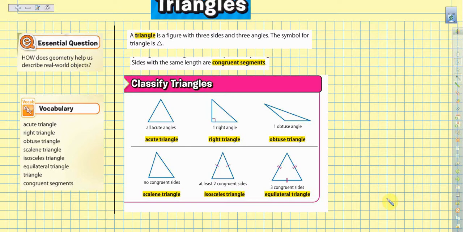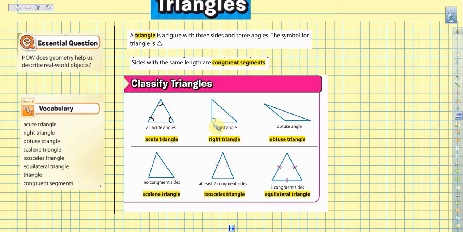So classifying some triangles, we have an acute triangle. That's basically stating that all of your angles are acute, just like an acute angle, but now it's an acute triangle because all the angles are acute. These are all less than 90.